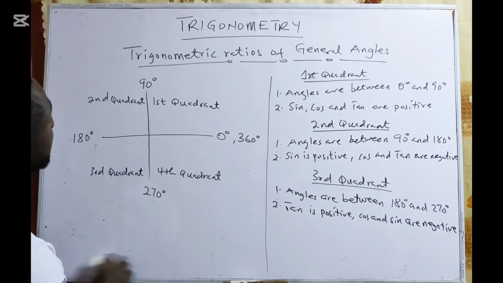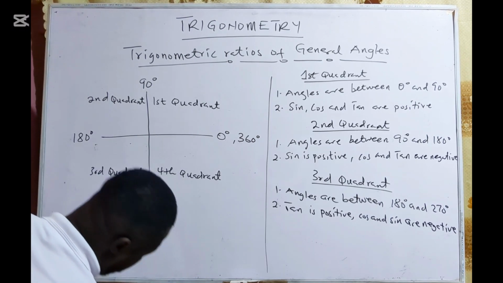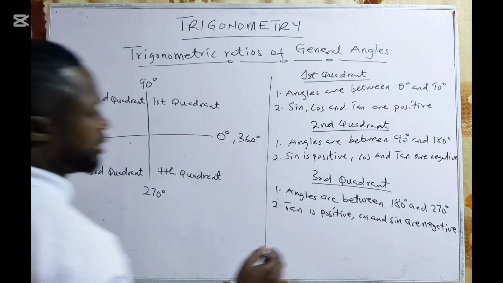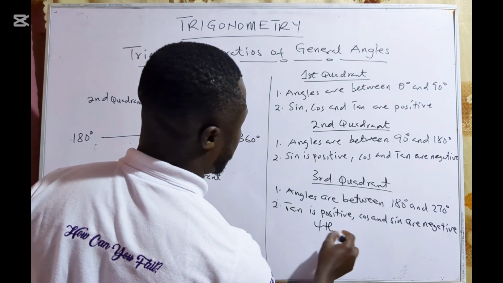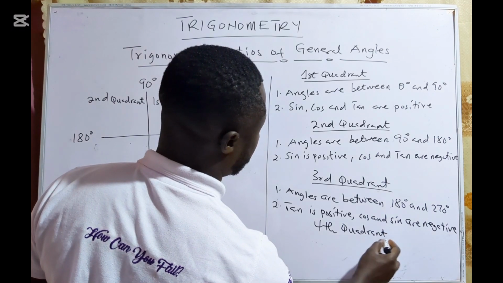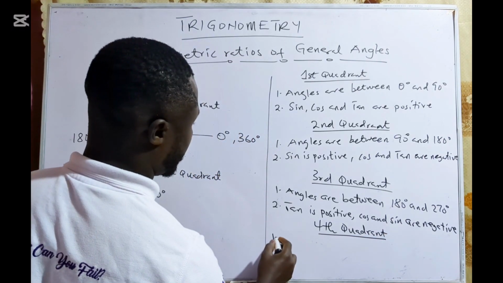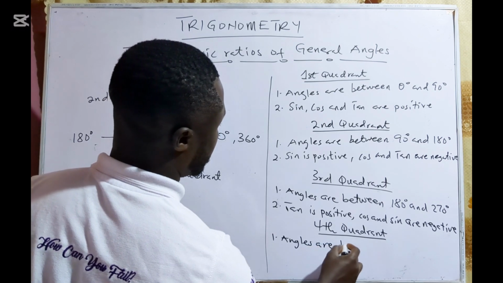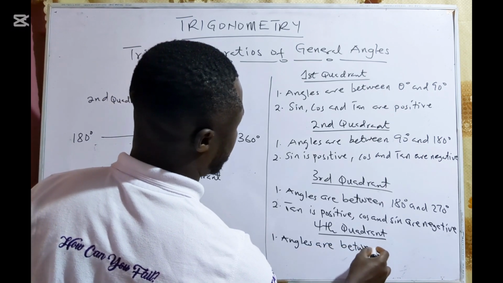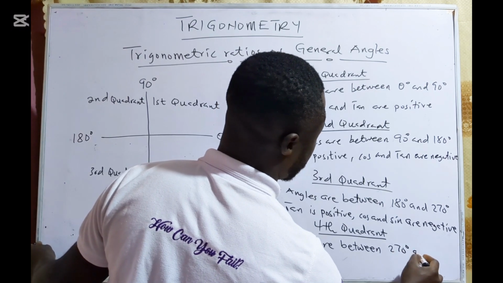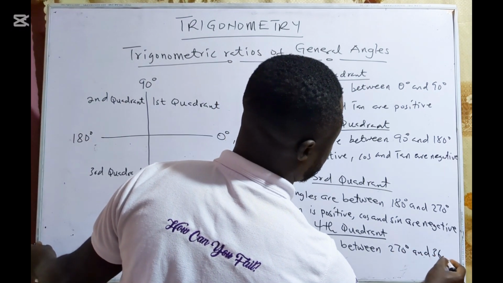That is what happens in the third quadrant. Let's look at the last one, the fourth quadrant. Angles are between 270 and 360 degrees.